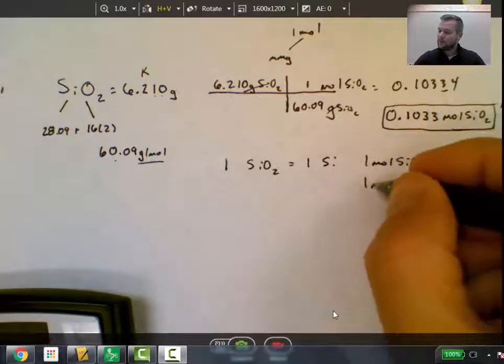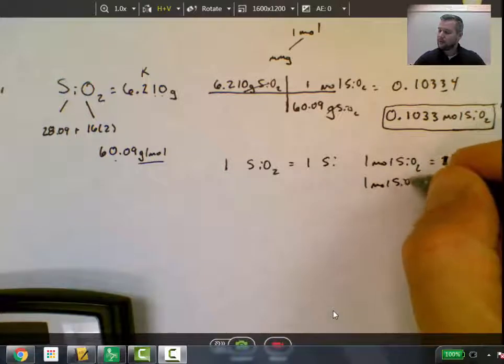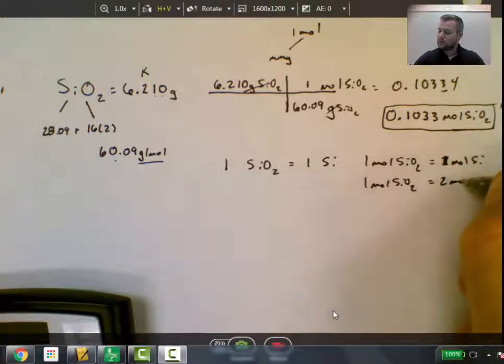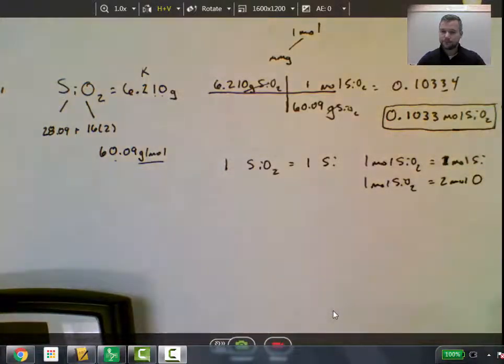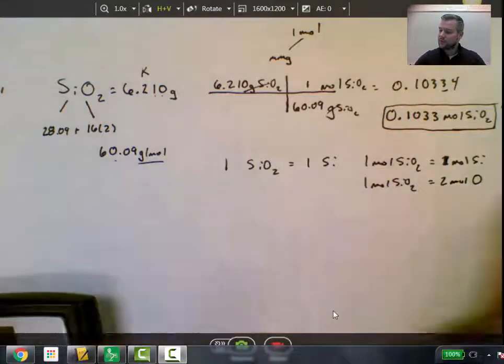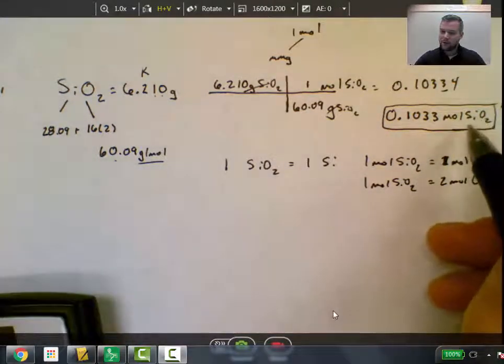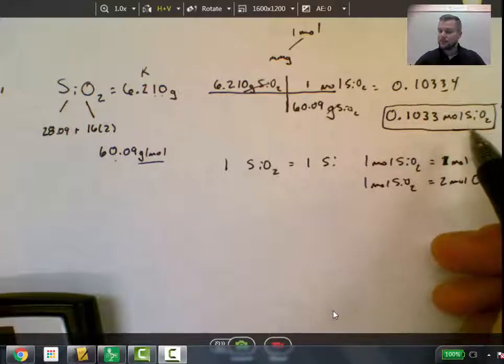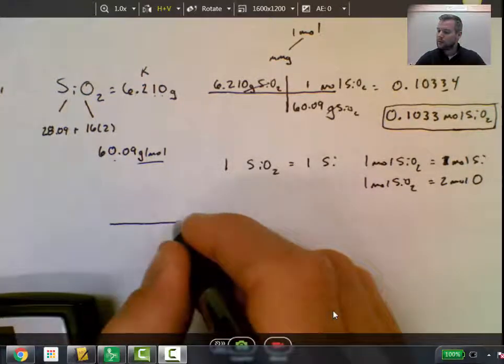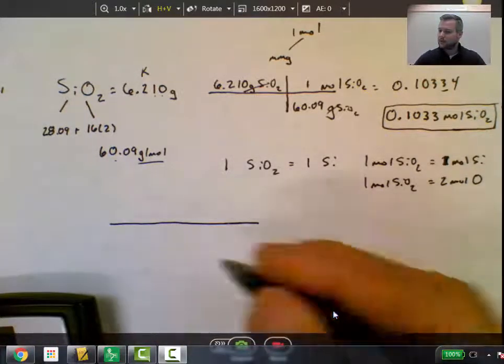For every 1 mole of SiO2, I have 2 moles of O. So when we do our next problems, we're going to take what we know about our substance and convert it into moles of each element.